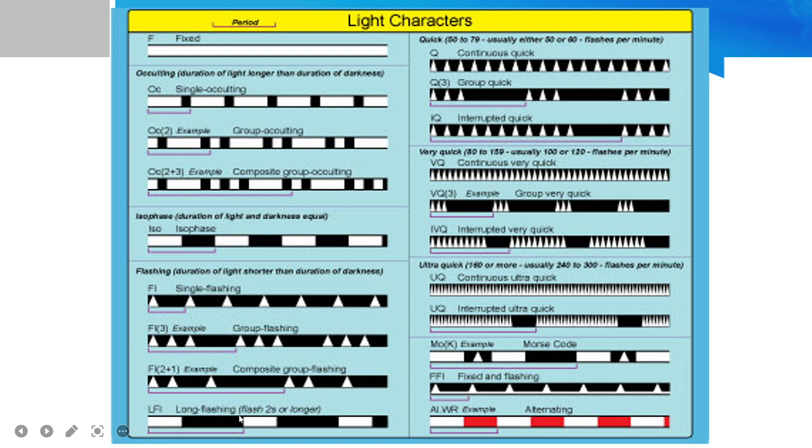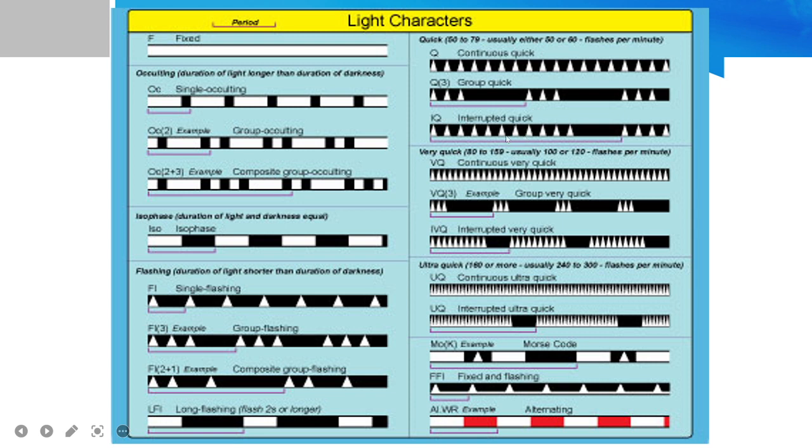Long flashing is when the flash is 2 seconds or longer. This is only one light in the series. Then quick, continuous quick. These lights can go from 60 to 79, or 50 to 60 flashes per minute. This is continuous quick, and this is group quick, which is a series of three, and the interrupted quick.